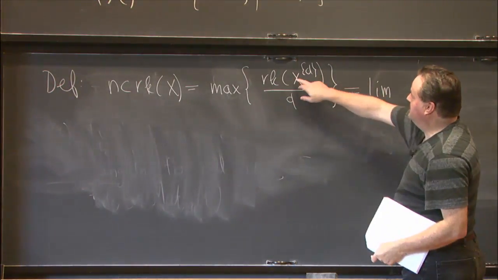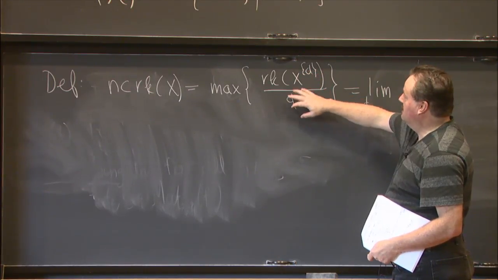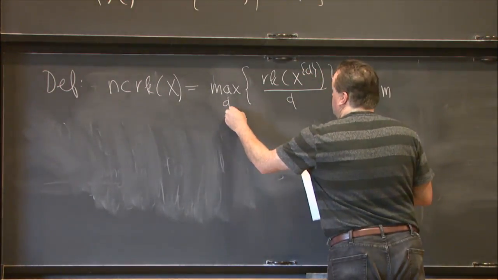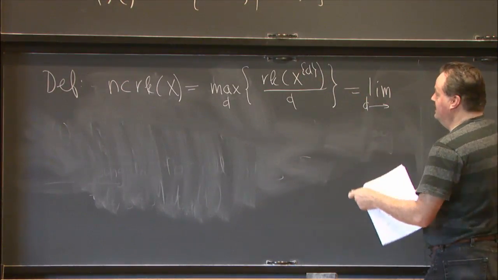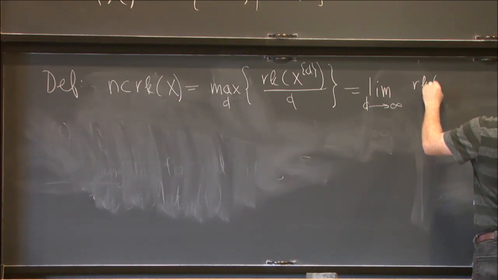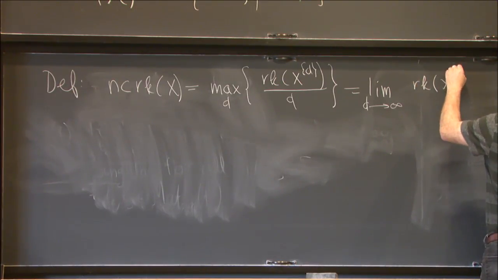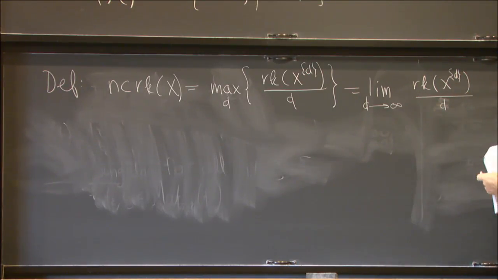So we know that this is divisible by D, so we can take the quotient and look at the maximum over all D. But for large D, this will be constant and equal to this maximum, so I could also write it like this. These are integers, so this limit just means that eventually it's constant, and that's the limit. So this is an integer. That's the non-commutative rank of X.